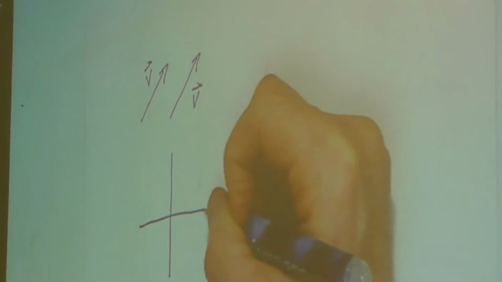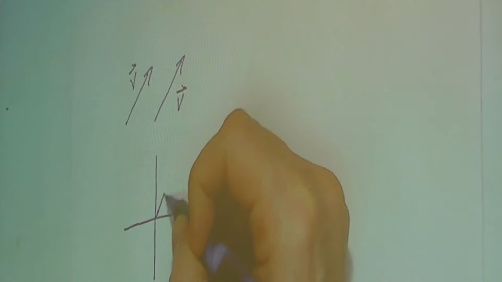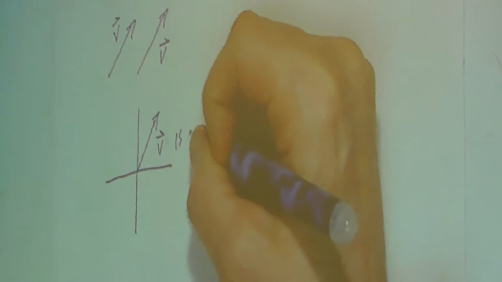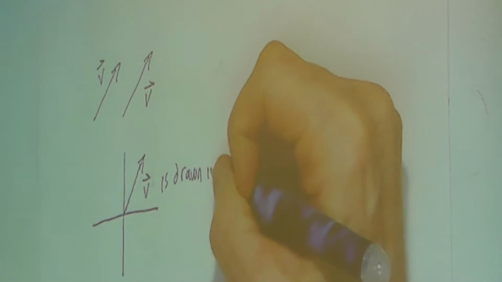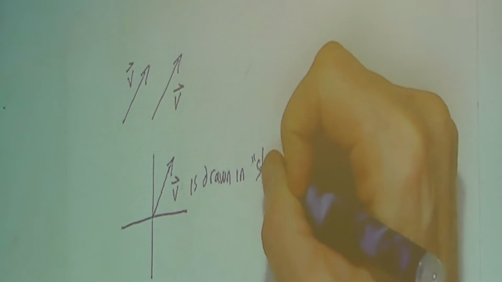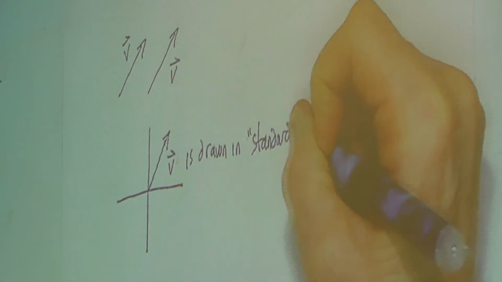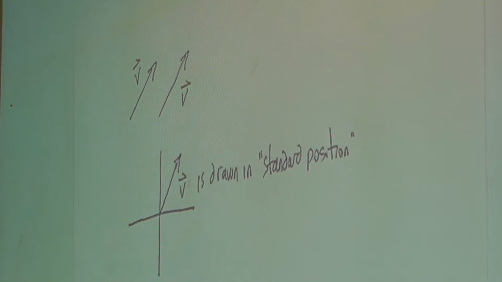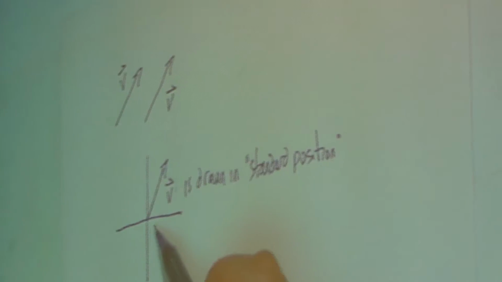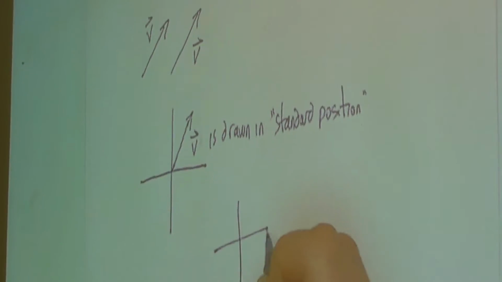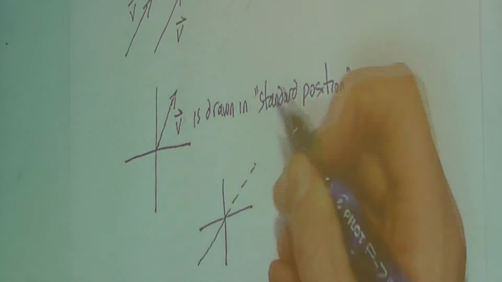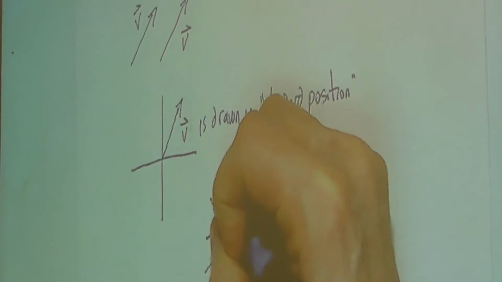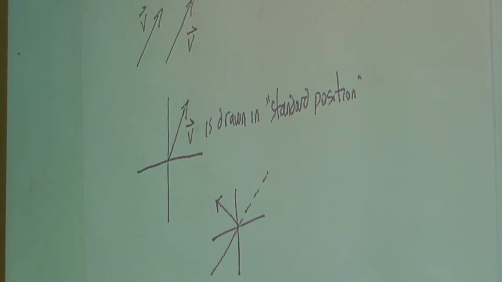If I put it so that its tail is at the origin, this vector v is drawn in standard position. That can be either in 2 dimensions or 3 dimensions or any dimensions.